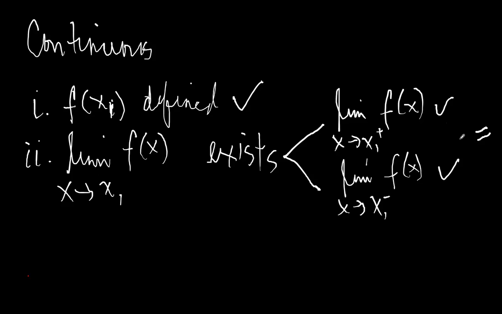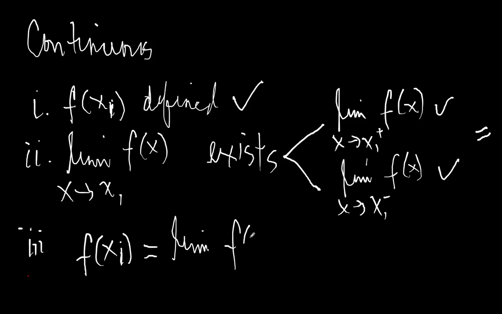When we say equal, we are talking about a real number value. And now for the last condition, once conditions 1 and 2 are true, we need to show that f of x sub 1 is equal to the limit of f of x as x approaches x sub 1.